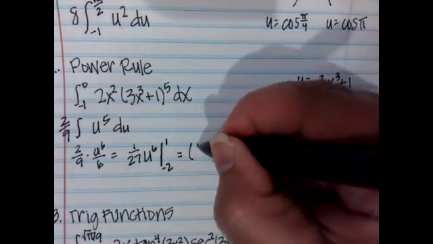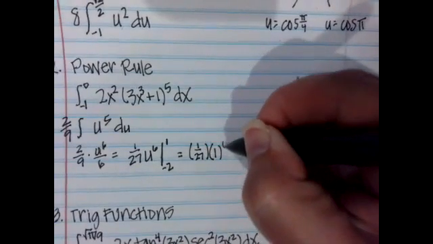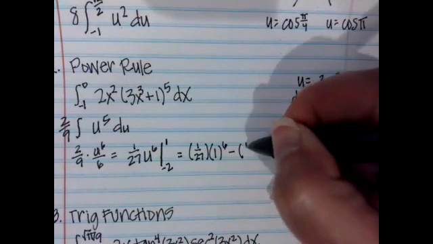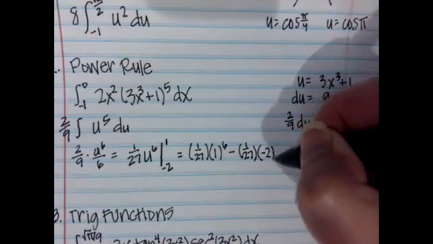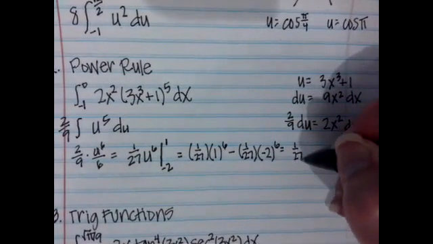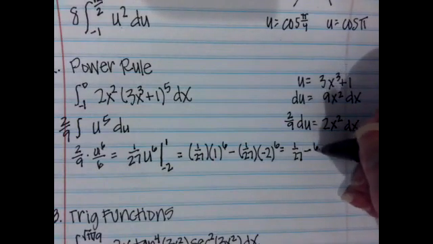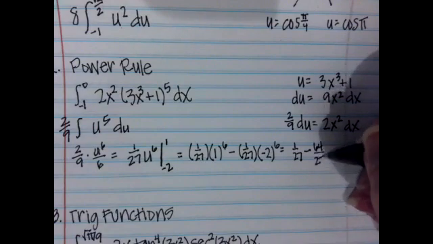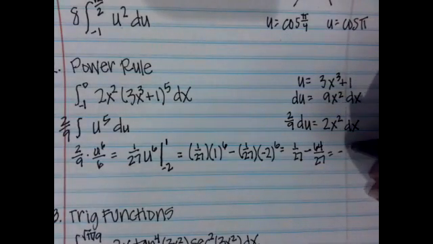So then that would be 1/27 times 1 to the 6th minus 1/27 times negative 2 to the 6th, which is 1/27th minus 64 over 27, which is negative 63 over 27, and that would reduce to negative 7/3.